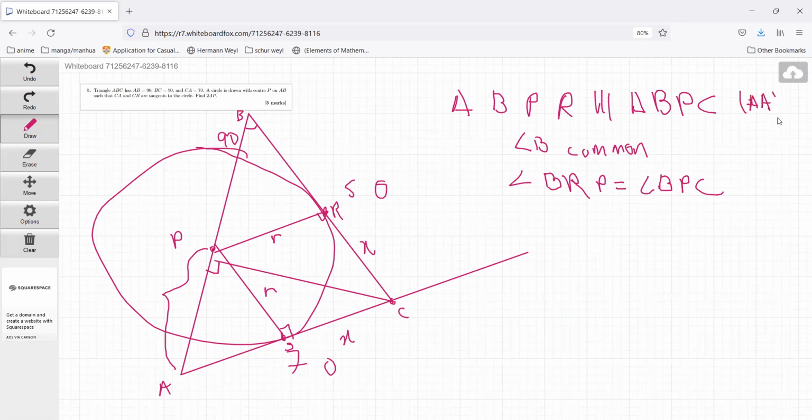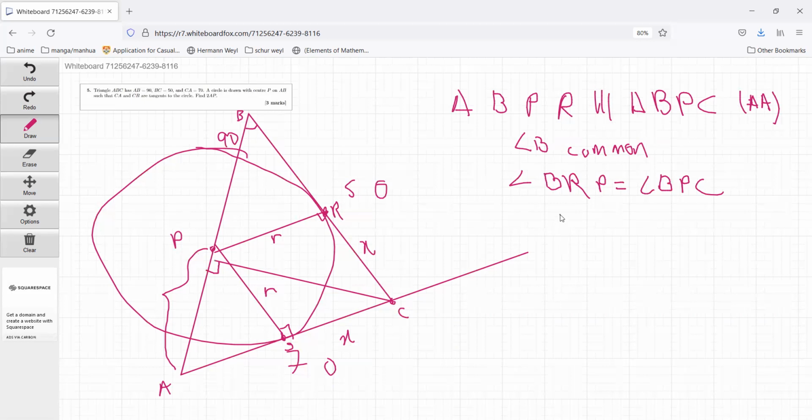And so from this, note that BP is just 90 minus AP, right?